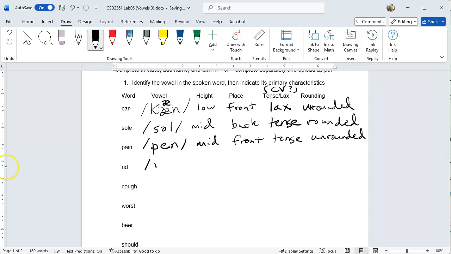Next up, we've got rid. Relatively straightforward transcription, straightforward enough that you might do a double take. That is a mid-high, high-mid. I think even the book is somewhat inconsistent about how it does it. I have to go double check my chart. It's probably high-mid. I've probably got it backwards.